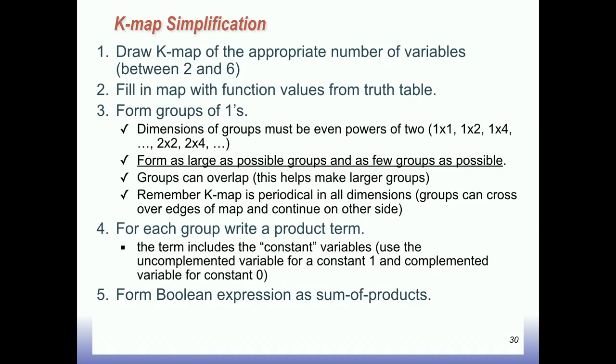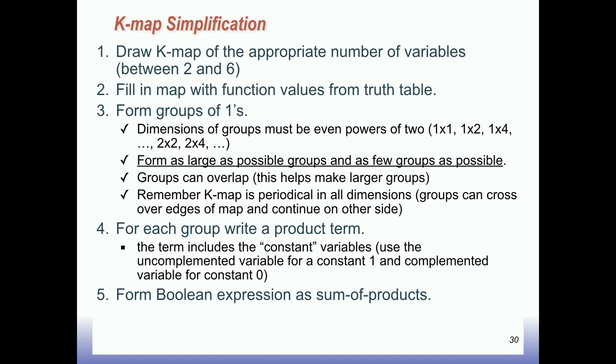We draw the K-map of the appropriate number of variables between 2 and 6. We fill in the map with the function values from the truth table, and then you form groups of 1s. Right? Now, for this to work, the dimensions of the groups must be even powers of 2. So the groups are those little circles that I've drawn, which group together the 1s. It could be 1 by 1, it could be 1 by 2, 1 by 4, 2 by 2, 2 by 4.